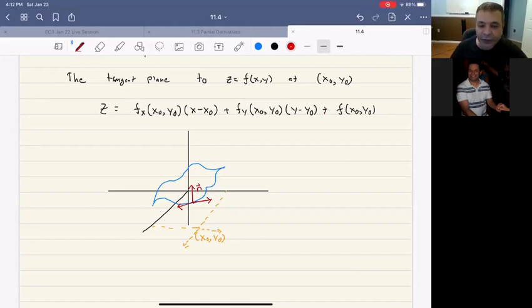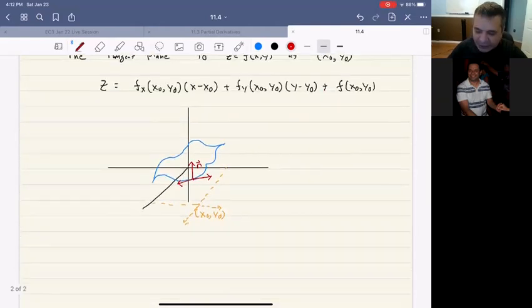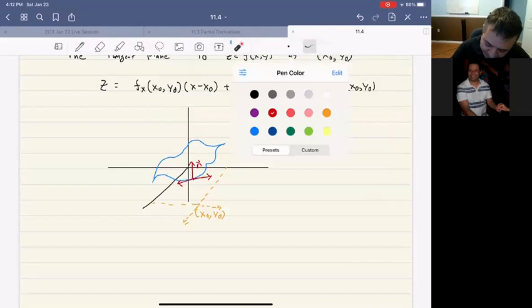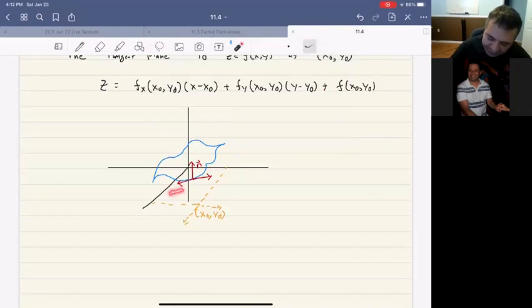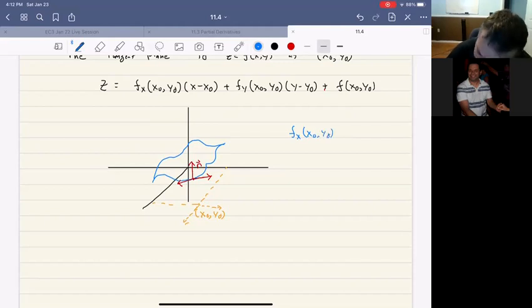Okay, so we may as well do this. I'll show you guys what I mean here. So this vector here is actually, instead of f sub x at x0, y0, well, let me roll back here.